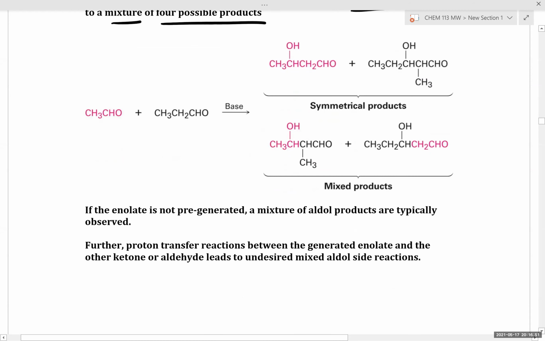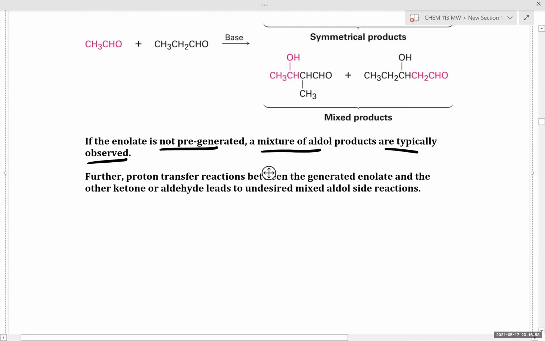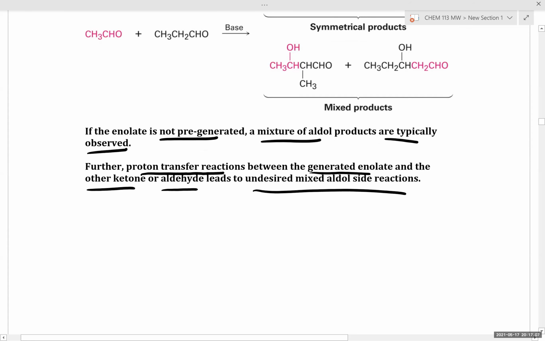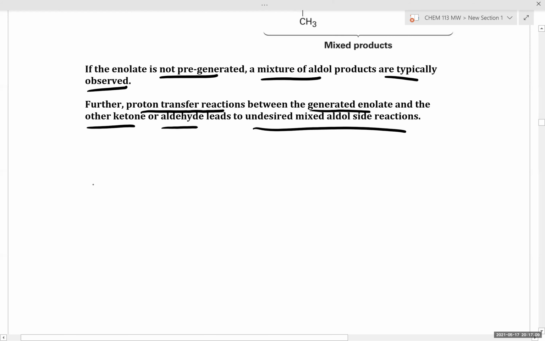If the enolate is not pre-generated, a mixture of aldol products are typically observed. Further, proton transfer reactions between the generated enolate and the other ketone or aldehyde leads to undesired mixed aldol side reactions. So there are 2 things that you have to be concerned with.